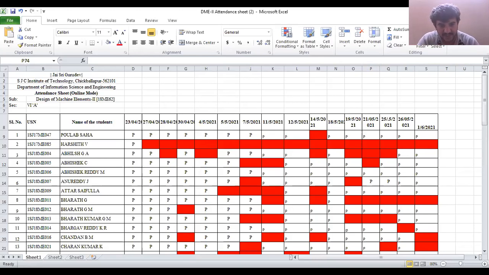And what about your internals? For A section students, almost 80 to 90% of students attended the spring chapters, right? But I didn't start that single topic in the spring chapter.